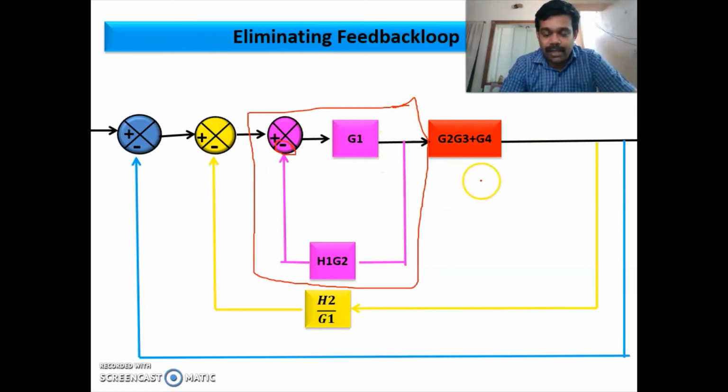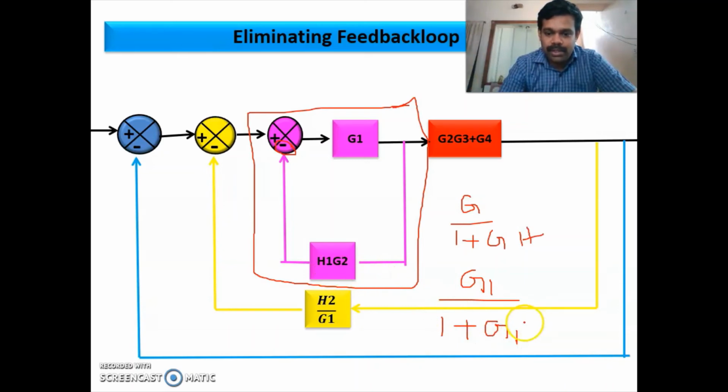So here, since it is a negative feedback, the equivalent is G divided by 1 plus GH. So here in the place of G you are having G1, and in the place of H you are having H1 G2.